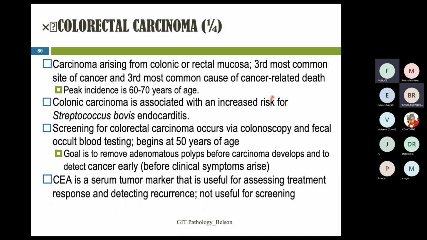This is one of the most common cancers in Rwanda, and even worldwide. In some countries they say it is the third most common cancer and the third cause of cancer deaths. Peak incidence is 60 to 70 years, but here we have to be very careful. In Rwanda, like in East Africa, what I found is that colorectal cancer is of two types. One affects children, around 20 years old, who have colorectal cancer. The one that affects young people produces mucin, while the other type does not produce mucin. The mucin-producing one, which occurs in the young, we found affects the left side.